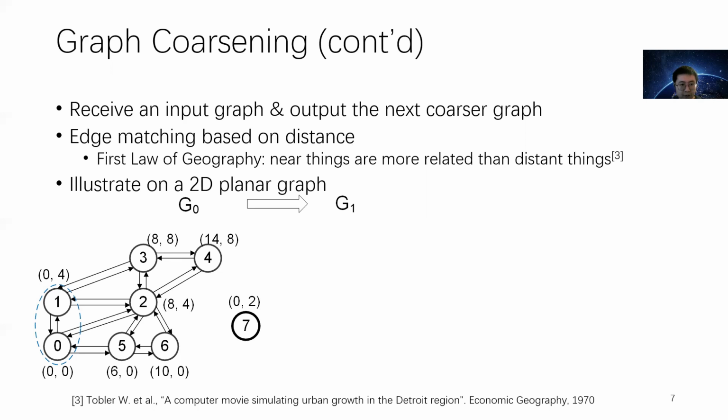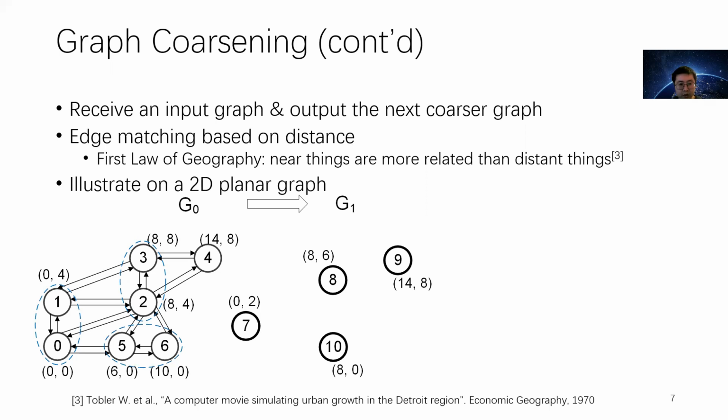Node 2 is matched with node 3, and the supernode 8 is generated. If a node has no unvisited neighbor, we copy it to the next coarser level as the supernode. For example, node 4 has no unvisited neighbor, so we directly copy it to the next coarser graph as node 9. Finally, node 5 is matched with node 6, and the supernode 10 is generated.